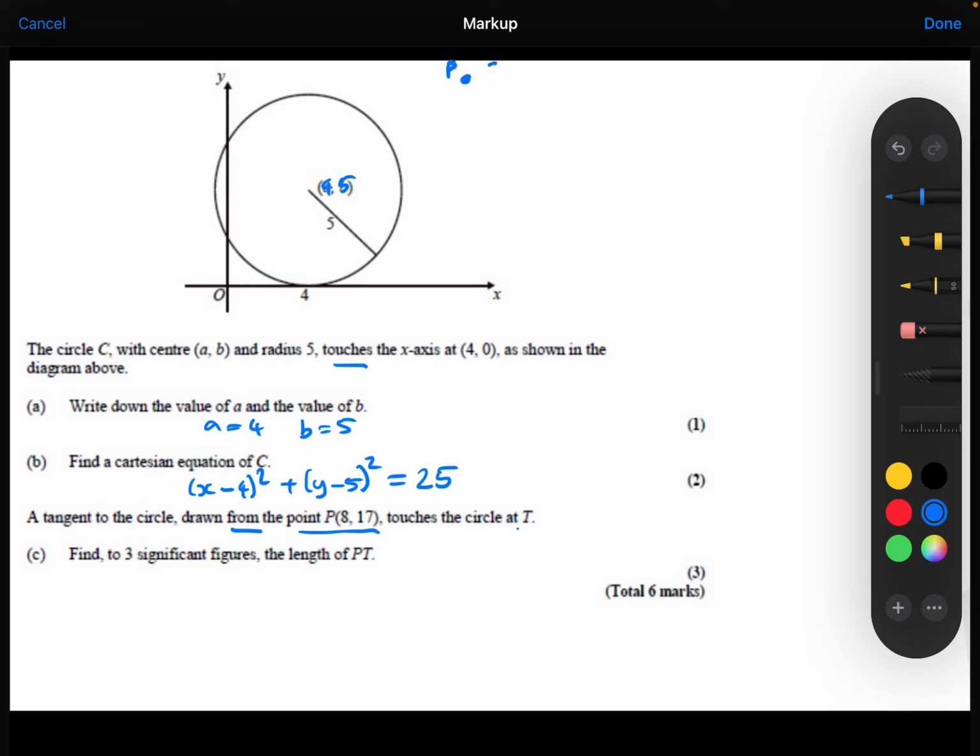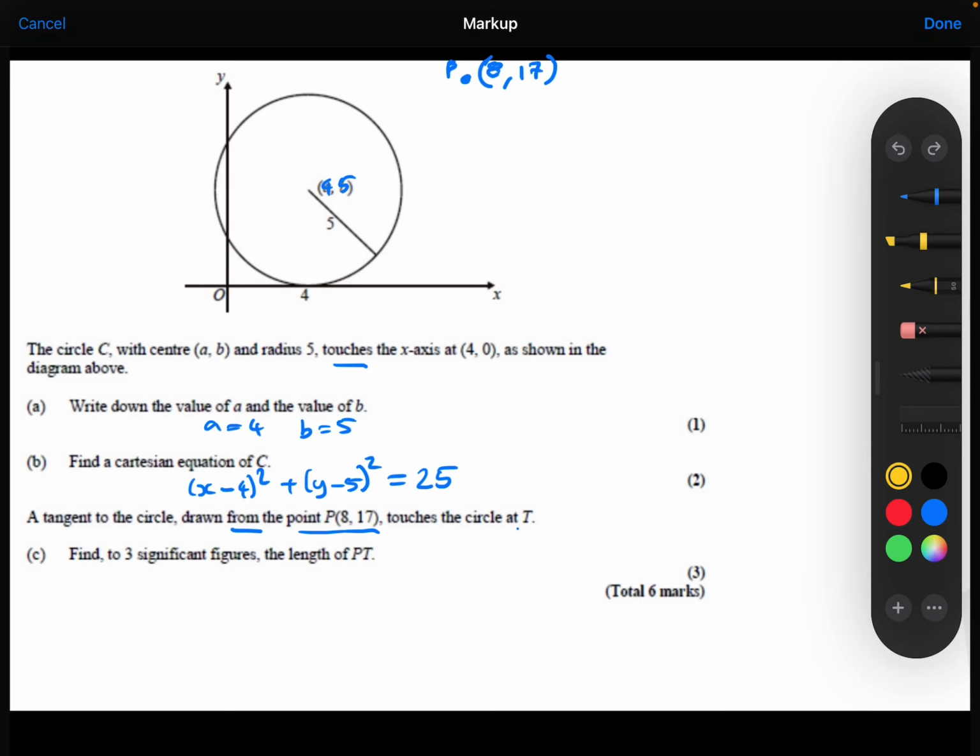It's certainly not on the circle because we can't draw a tangent from a point on the circle to the circle. And also you could, if you wanted to, substitute 8 and 17 in here and you would see that you get a number bigger than 25. So we know that point (8, 17) is not on the circle. So I've just put it roughly up there for now.